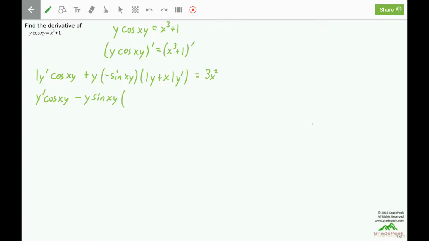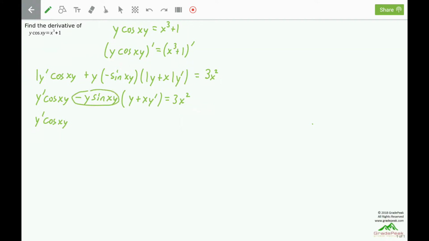And then multiplied with, the 1 is implied, y, plus, again the 1 is implied, x y prime, equals 3x squared. We now need to distribute this negative y sine xy into these two terms so that we can isolate the y prime terms. We have two of them here. The first term we'll leave as is, and now we distribute.